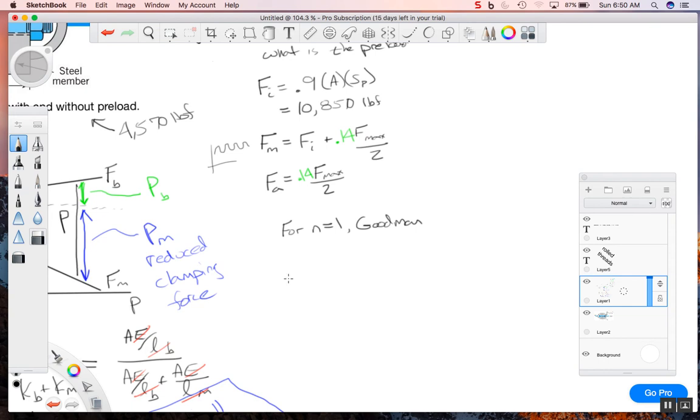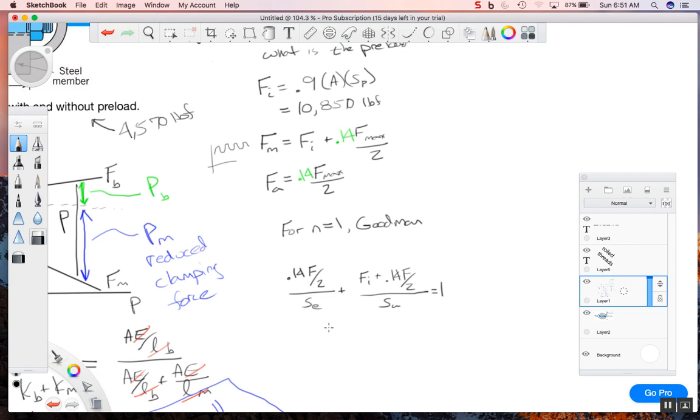The alternating force is 0.14 F over 2 over SE, right? Plus, my mid-range force, or my mean force. So that's Fi plus 0.14 F over 2, and all this goes over my ultimate tensile strength, and that now has to equal 1. Now the algebra here leads us to some insights.